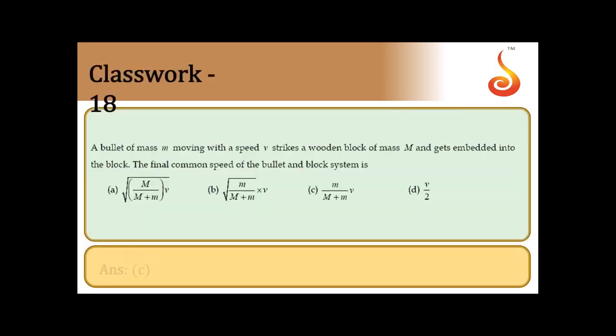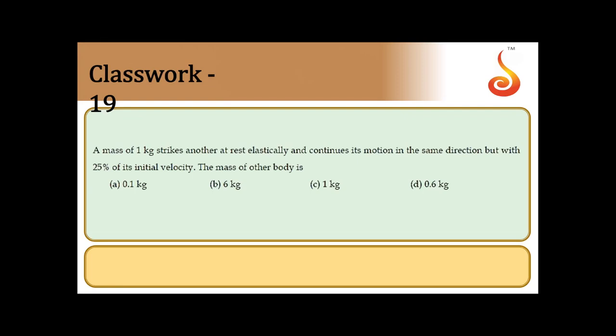Yes, we shall move on to next one. Mass of 1 kg strikes another mass at rest elastically and continues its motion in the same direction, but with 25% of its initial velocity. Then mass of the other body is. So, they have given it is elastic collision.